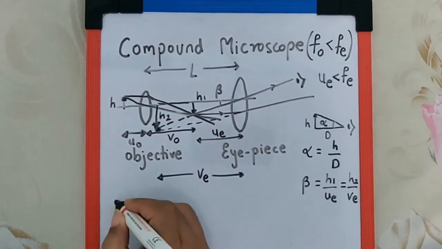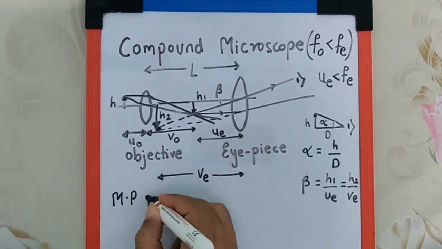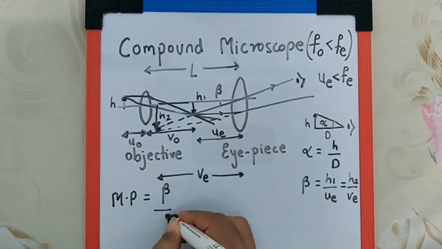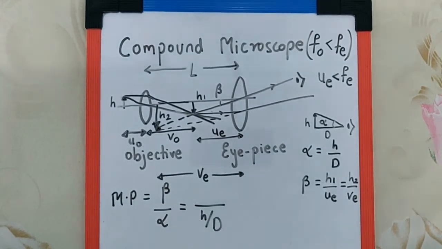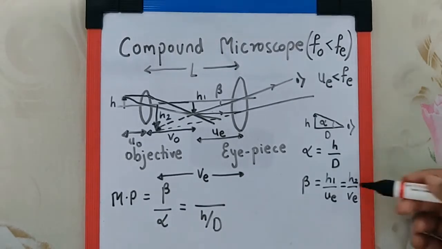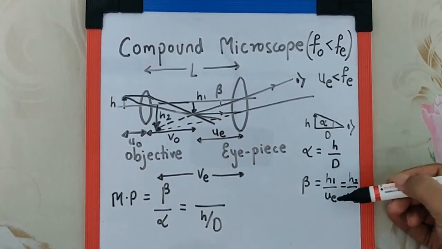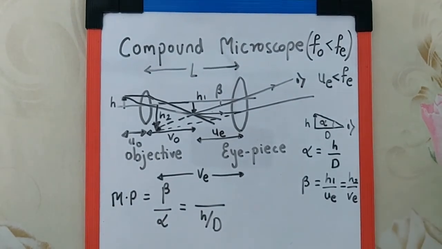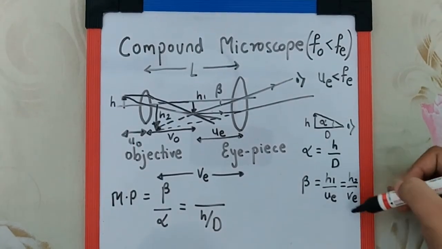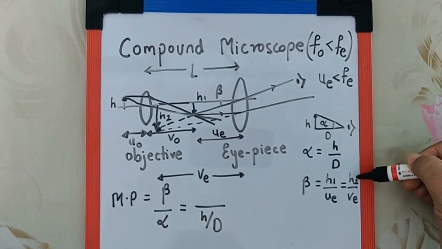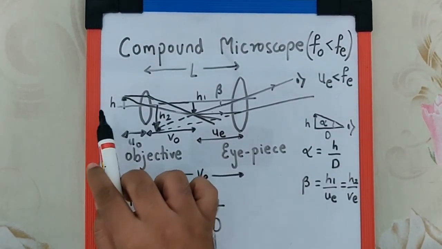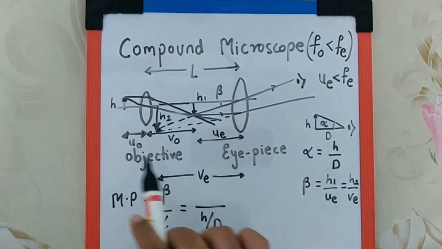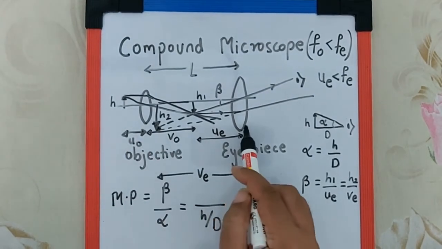Now as we want to talk about the magnifying power, for which the formula is beta by alpha. For alpha we have no option but to place h by d in the formula. But for beta we have two options: h1 by UE and h2 by VE. Now if you act smart, you will understand that if we use h2 by VE, then we will have a relation between h2 and h which is of no use, because h is the object for the objective and h2 is the image for the eyepiece.